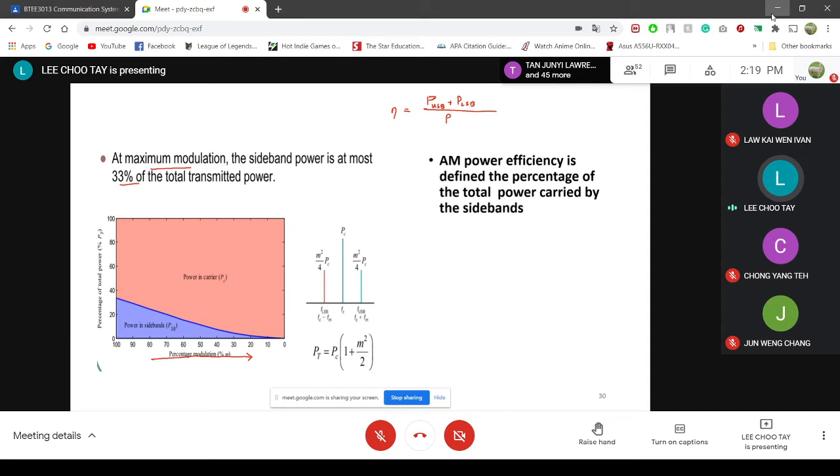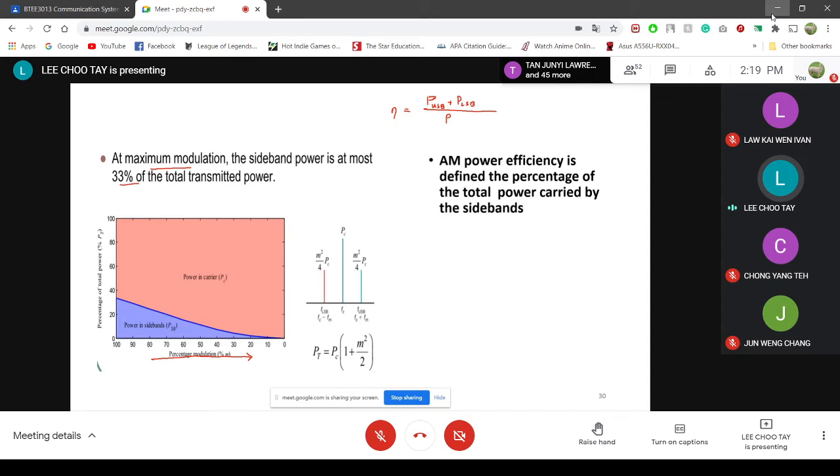So determine the total power in the modulated wave. Straight away you can make use of the equation we have just learned: PC times 1 plus m squared over 2, which is 300 times 1 plus 0.6 squared over 2.